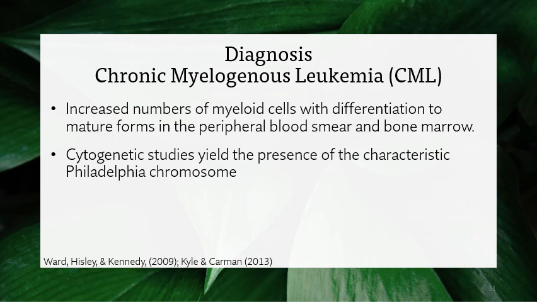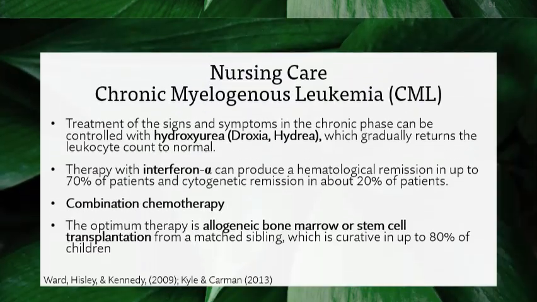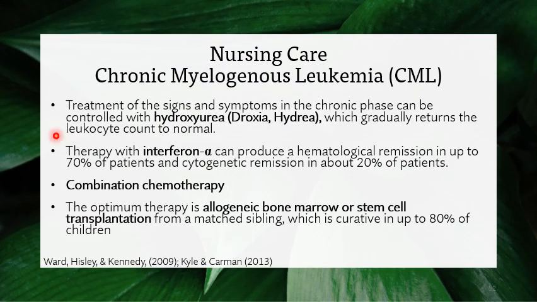As nurses, to help patients with chronic myelogenous leukemia, we treat the signs and symptoms. We can use hydroxyurea, which helps the leukocyte number gradually return to normal.